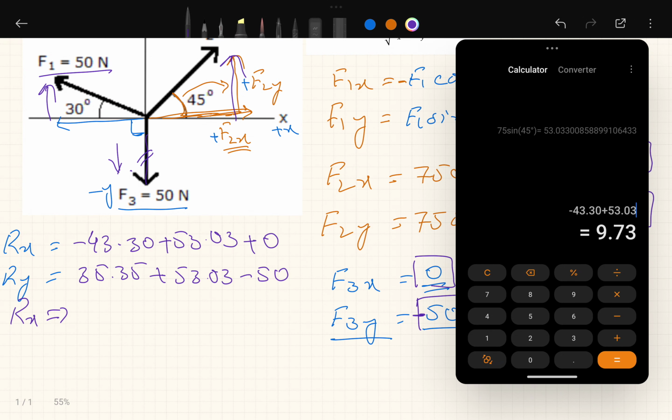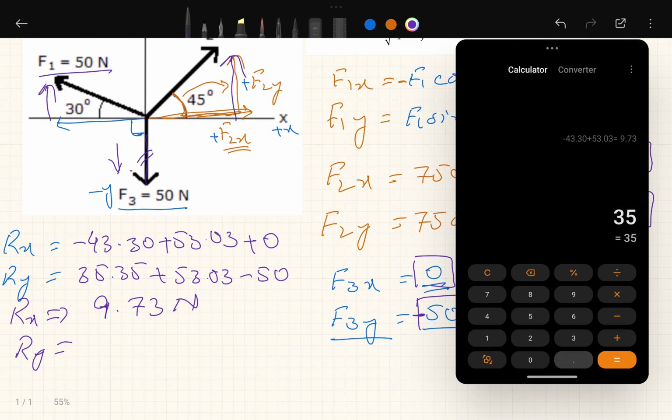So it will be 9.73 newtons, that is our x, and then you can find our y, which will be 35.35 plus 53.03 plus 50, sorry, minus 50.